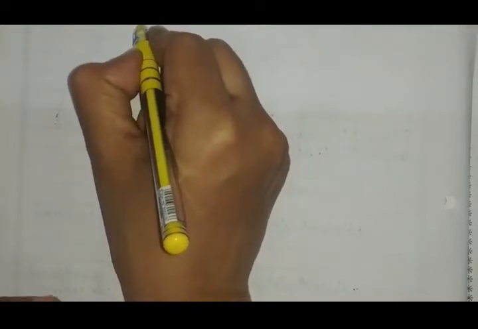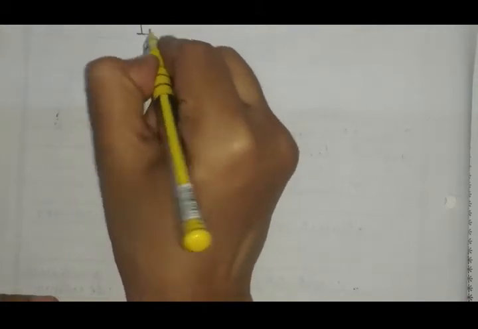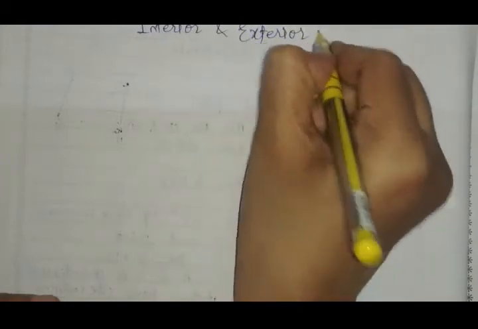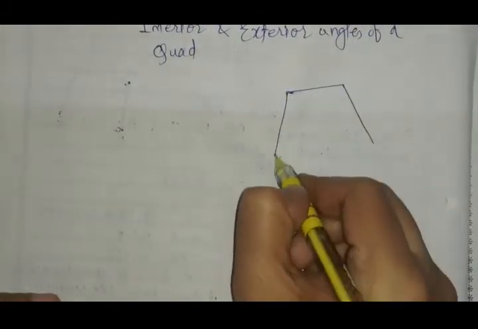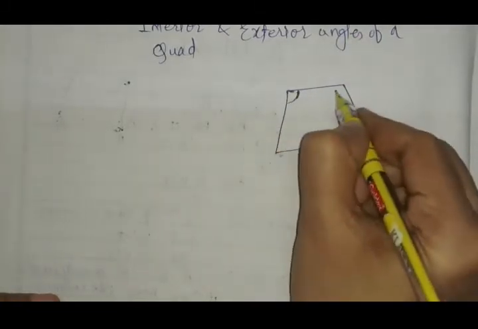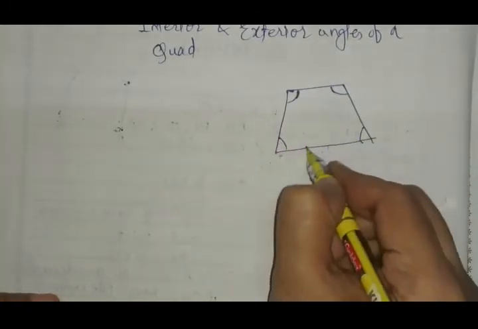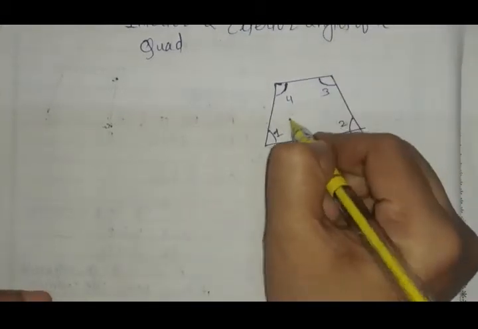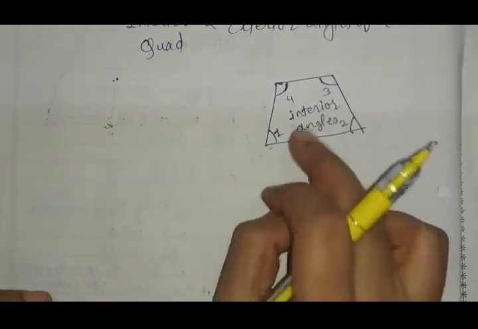Now we can see the interior and exterior angles of a quadrilateral. Suppose there is one quadrilateral. These are angles which lie inside, and suppose I give them numbers 1, 2, 3 and 4. These are the interior angles, which are simply the angles of the quadrilateral.